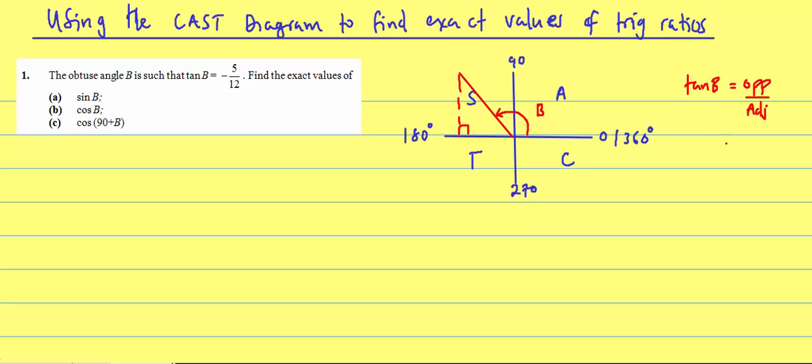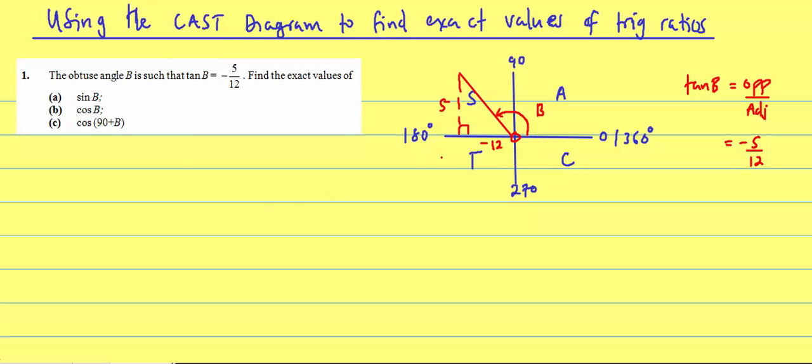In our current problem, we've got minus 5 divided by 12. So 5 is going to be the opposite side. It cannot be negative because it's above the x-axis, so this one here has got to be the positive 5, and the adjacent side, because it's on the left hand side of 0, is going to be negative 12.